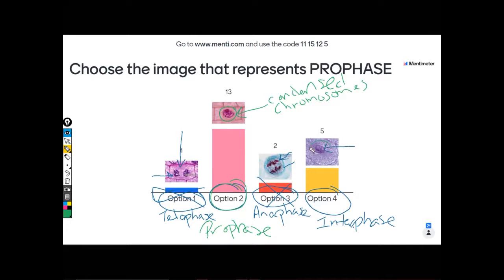When we look at interphase, it doesn't really look like anything. Okay? And like someone mentioned, that's because everything is unraveled here.